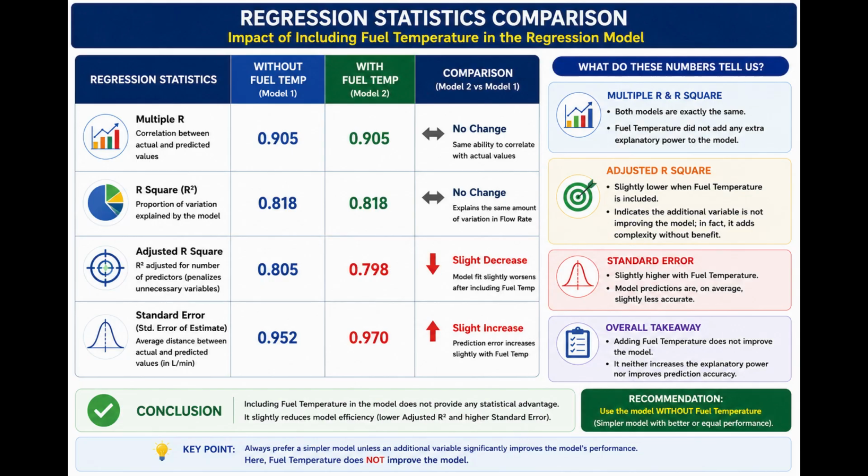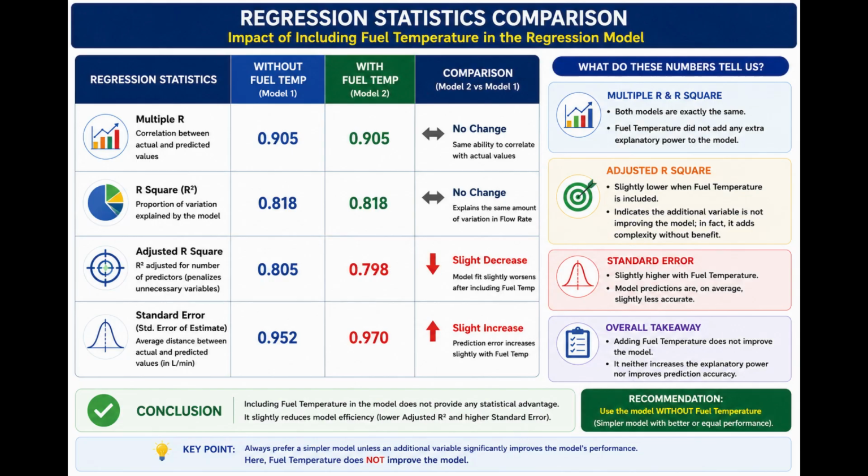Remember what we discussed earlier, adjusted R square increases only when the new predictor genuinely improves the regression model. Here instead of increasing, it has actually decreased. This clearly indicates that fuel temperature is not adding any meaningful information to the model. Instead, it is only making the model more complex.